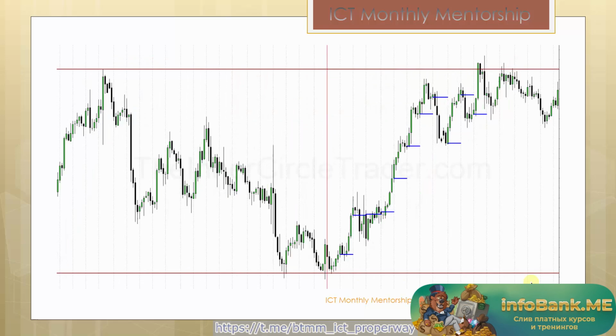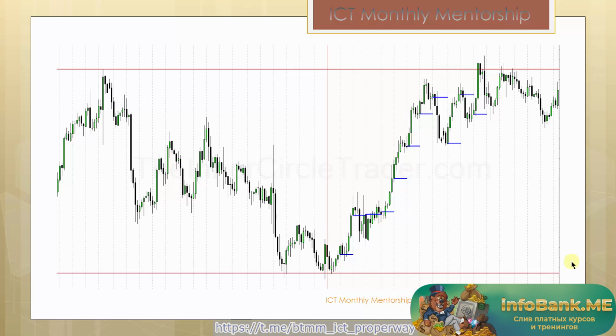We're looking at a 4-hour chart of that price swing. You can see the price swing here, this whole move. And we're going to look at institutional sponsorship throughout the entire price swing.